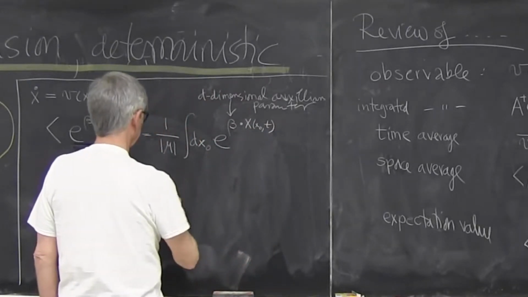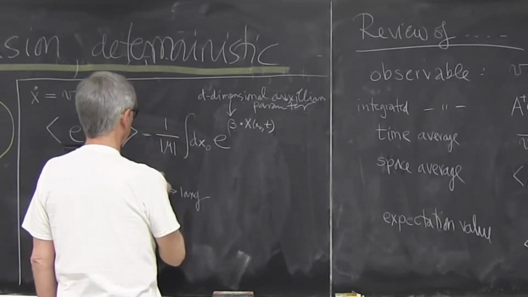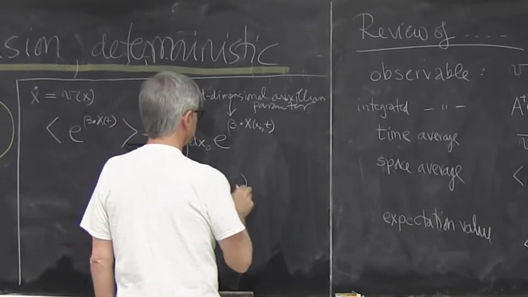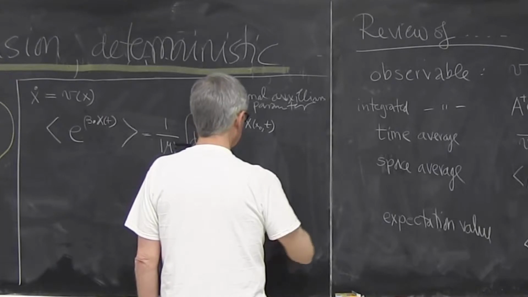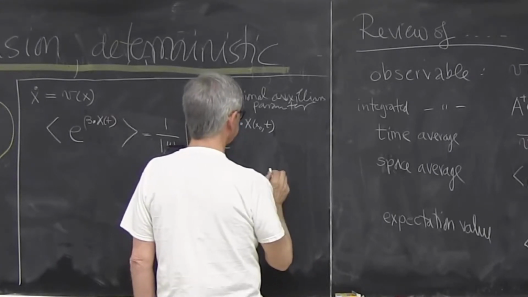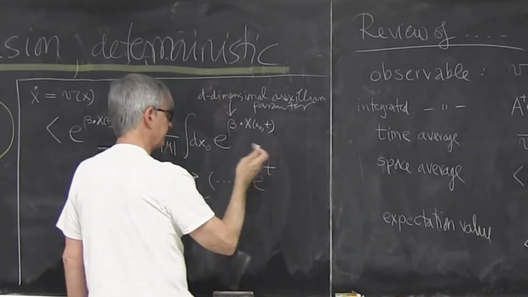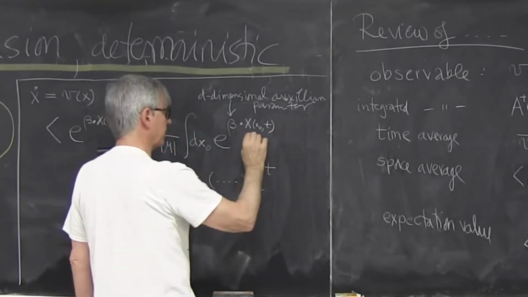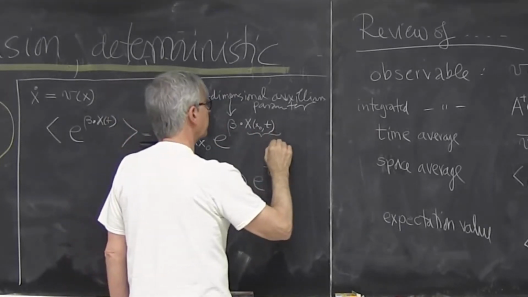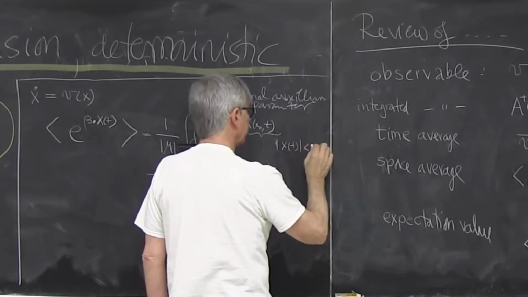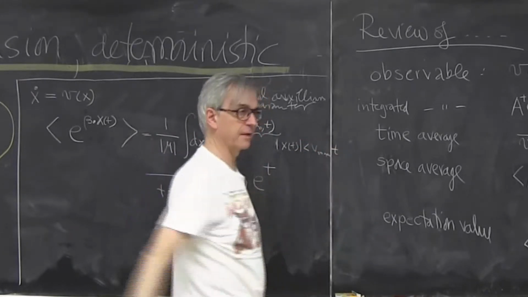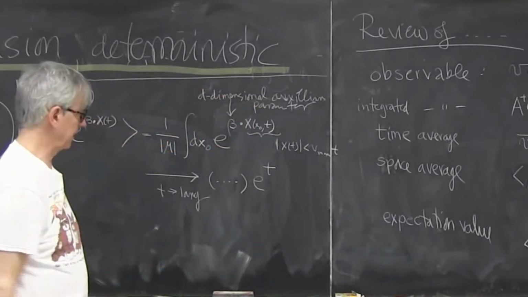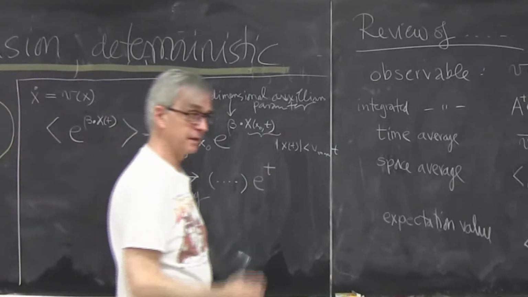So as time goes large, I know that this thing will be dominated by exponential behavior. So in time t, it's a sum of things, every one of them smaller than velocity max. So they'll be bounded unless there's something sick about my dynamics, like a singularity.